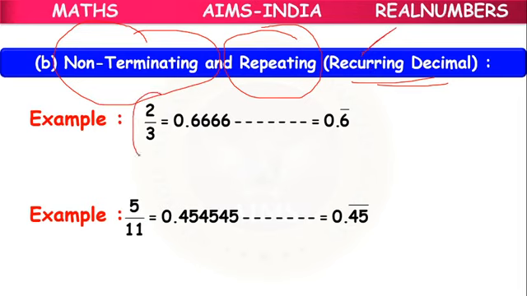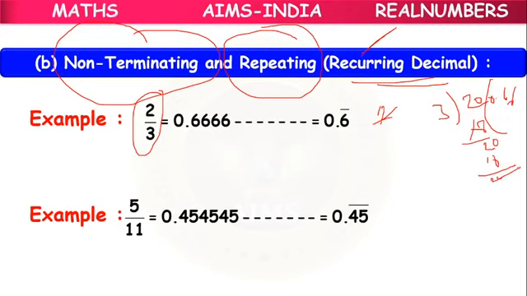Suppose we have 2 by 3. If we divide 2 with 3, 2 is less than 3, we can keep 0 point. We can make it 20. 3 6 times 18. Again 2 is the remainder, 20. 3 6 times 18. Again 2 is the remainder.